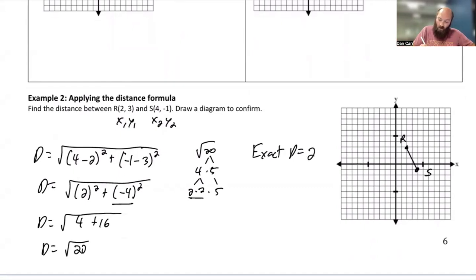And then I'm going to have square root of 5 left over. The approximate is going to be just plugging in my calculator, so this comes out to about 4.47. And we can see here, if I were to draw this out, I do have 2 and 4 from the sides of my triangle, which is where this and this come from.